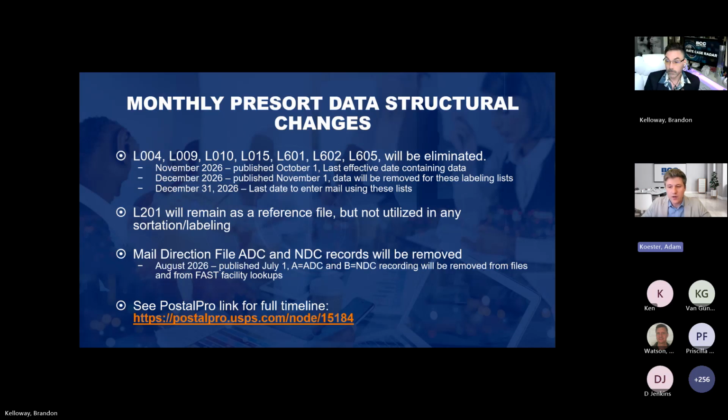Similarly, but not quite in the same breath, label list 201, which supports the surface and air separations that we talked about before, will remain around, but it's not being used for any DMM sorts. That list is used on the back end by the Postal Service, and it will be allowed to stick around as a reference.